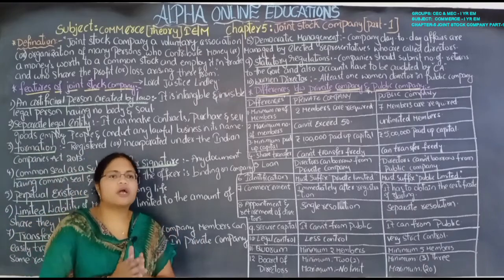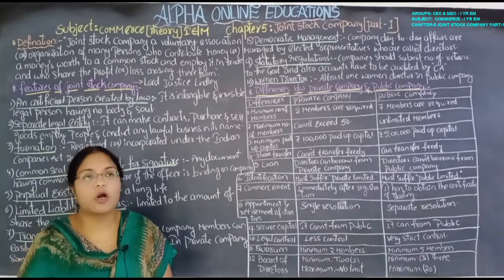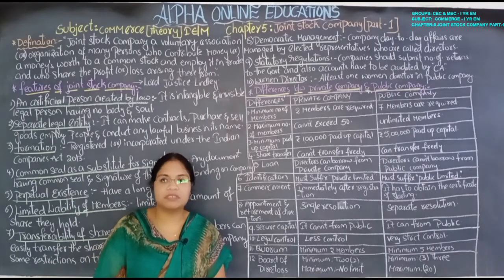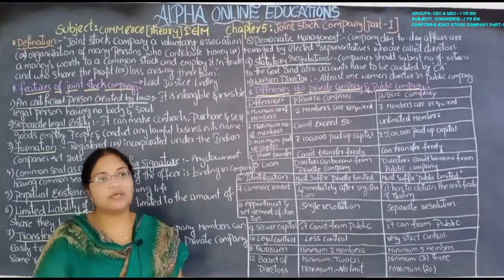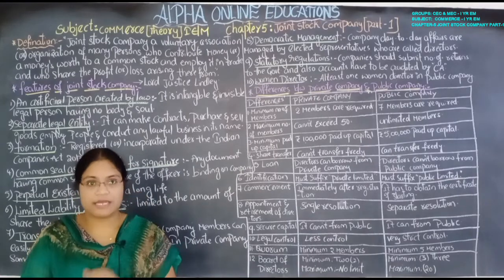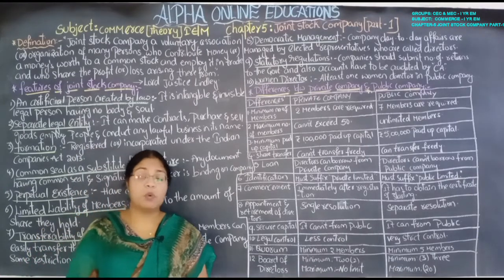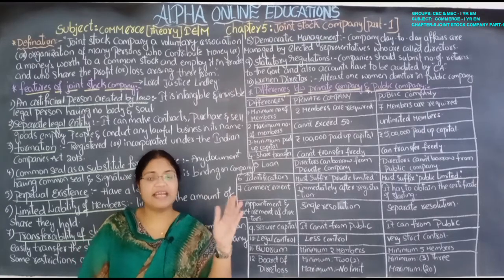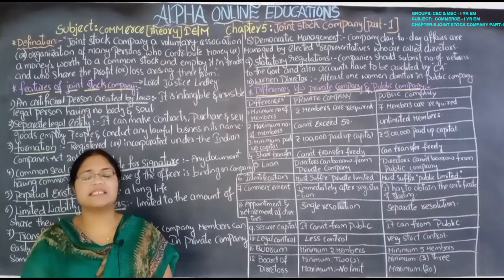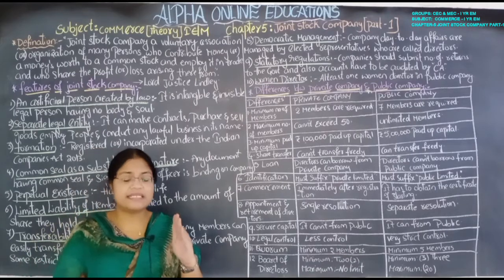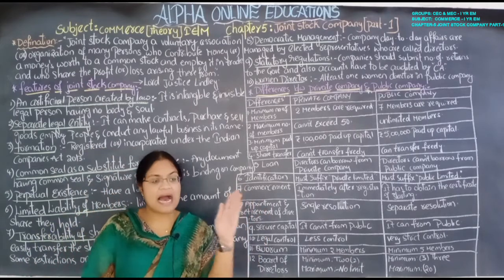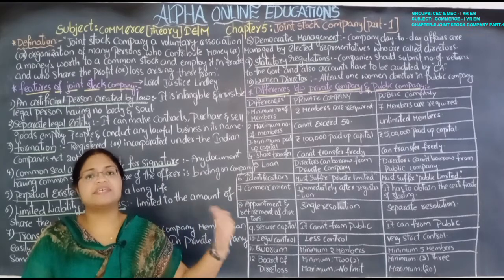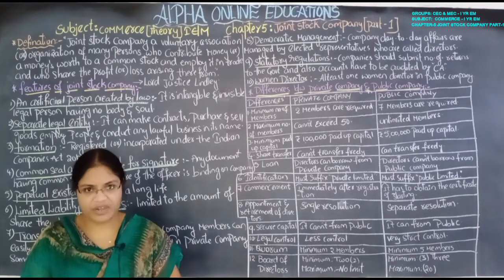Normal companies are known as joint stock companies. The first thing you have to remember is that in accountancy you have one concept, the first accounting concept. What does it say? The separate business entity concept. Business entity concept means it separates the business and the owner. It says that the business is different and the owner is different.